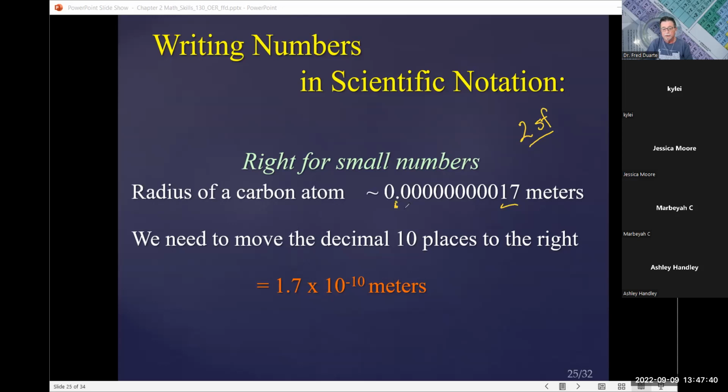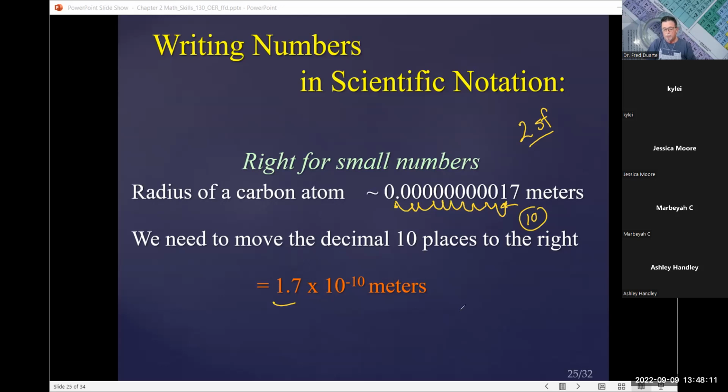So I go 1, 2, 3, 4, 5, 6, 7, 8, 9, and 10. Okay, so that's 10 decimal places. But because this number is much less than 1, that exponent is negative. So my number is 1.7 times 10 to the negative 10.